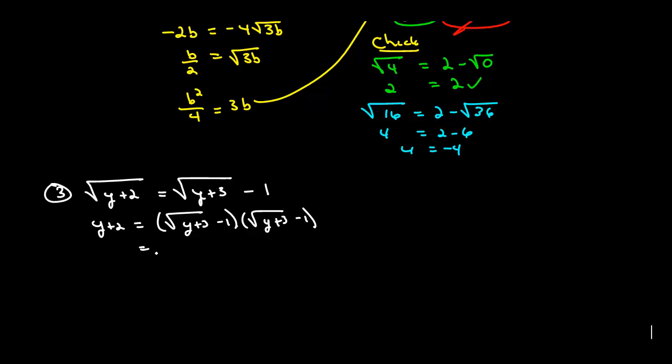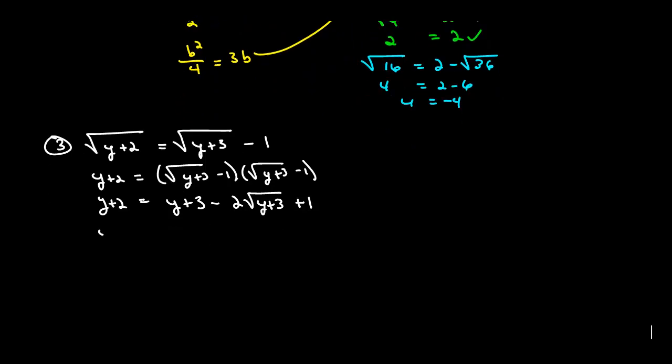When we FOIL this, we get y plus 3 minus 2 square roots of y plus 3 plus 1. So you got to FOIL this guy out to get this.